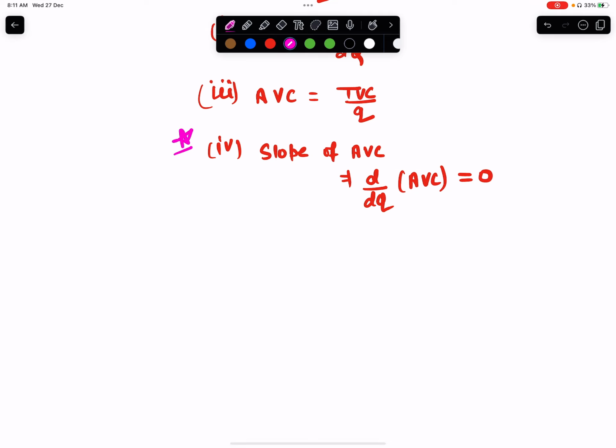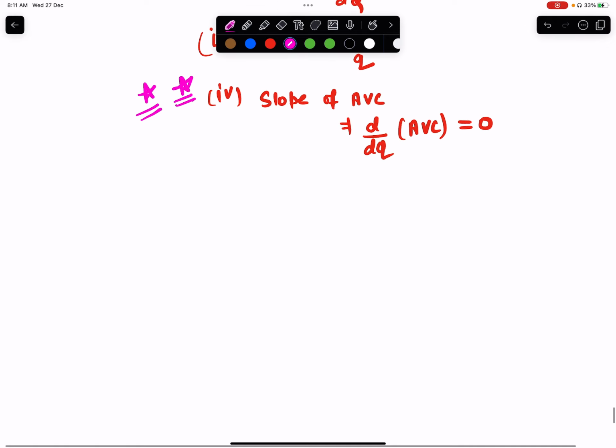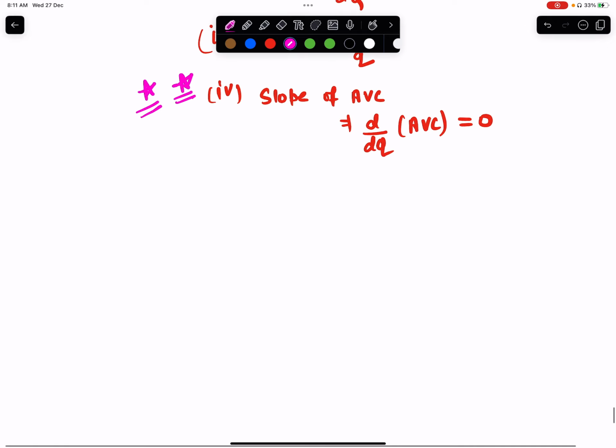Questions can be asked from that. For minimum AC or AVC, slope is equal to 0.